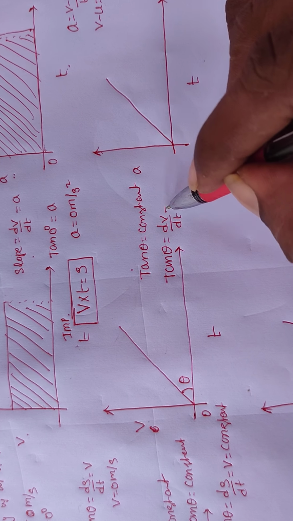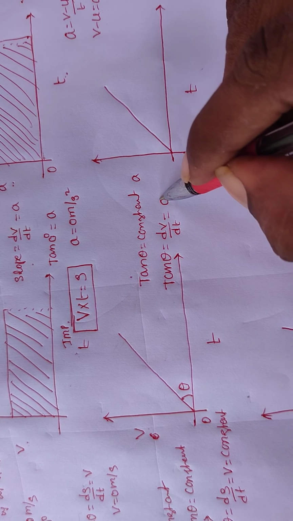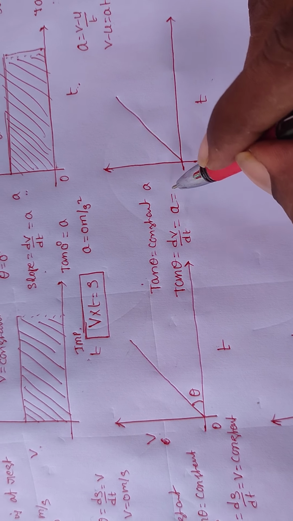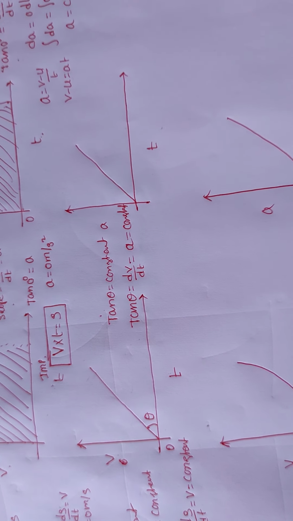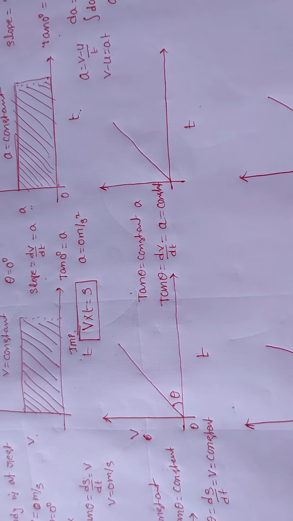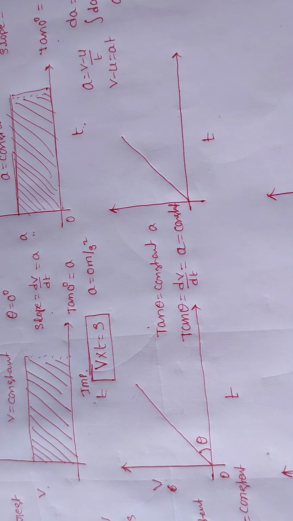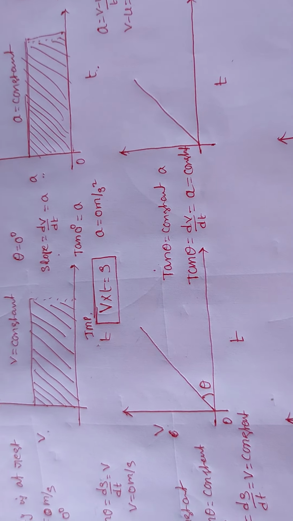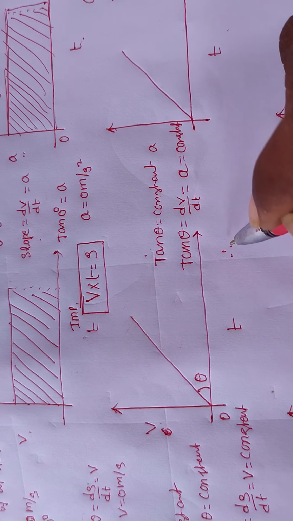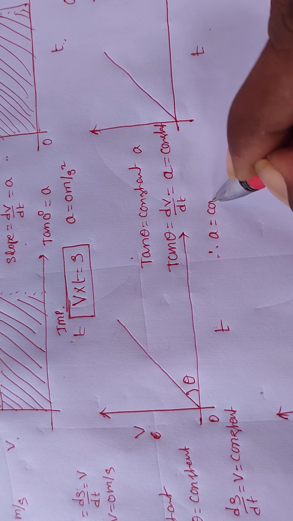The rate of change of velocity equals acceleration, so acceleration equals constant. Understood? Here the velocity time graph is a straight line from the origin, so that slope represents constant acceleration. Any doubt? No doubts. Therefore acceleration equals constant.